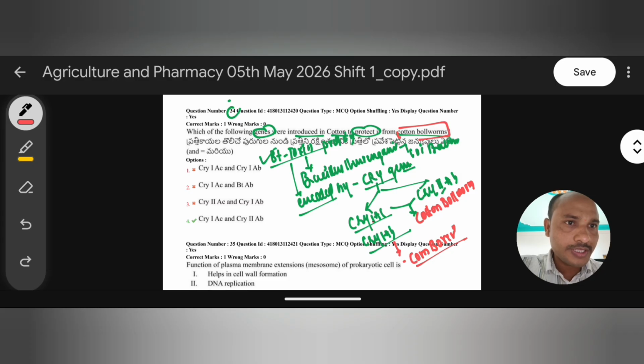Cry1 Ac and Cry2 Ab. If it is only asking about corn borer, then only one gene is responsible, that is Cry1.